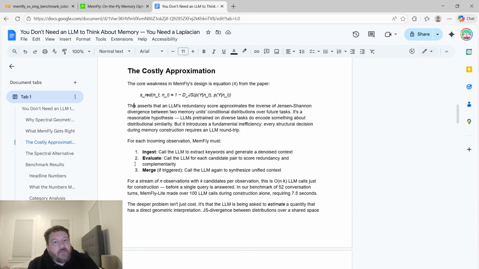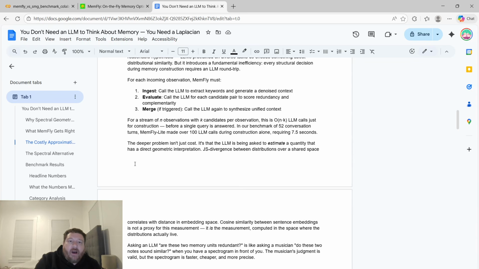Every structural decision during memory construction requires an LLM round trip. For each incoming observation, MemFly must do three things. One, ingest: call the LLM to extract keywords and generate a denoised context. Two, it then has to evaluate: call the LLM again for each candidate pair to score redundancy and complementarity.